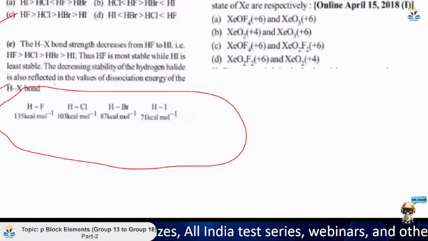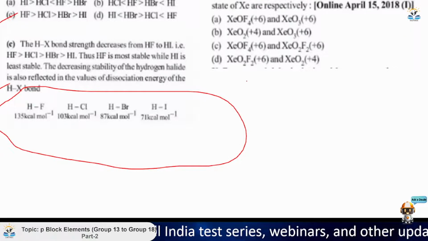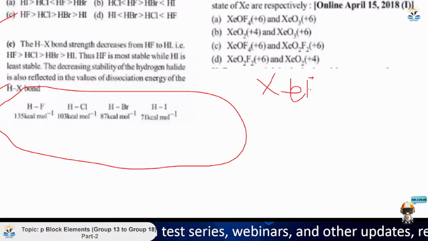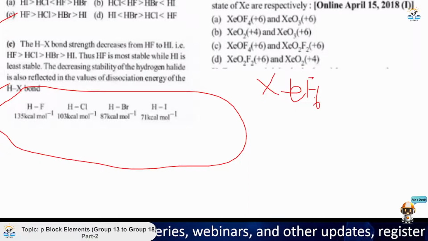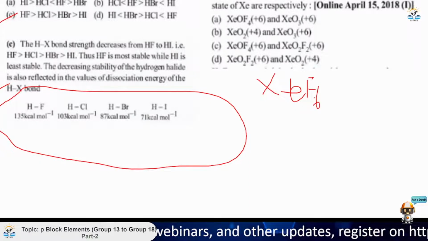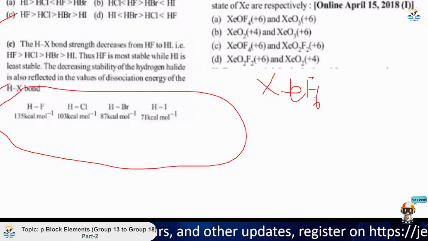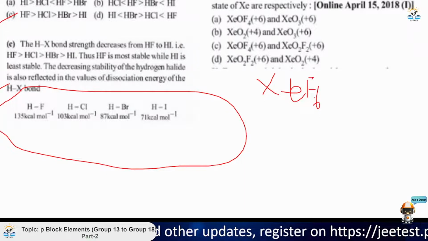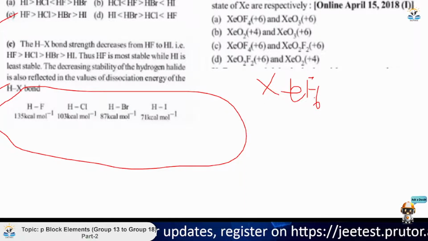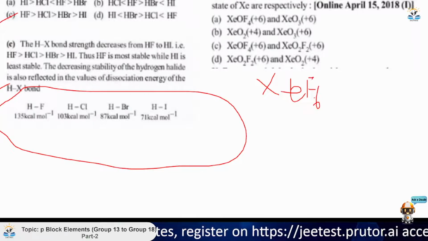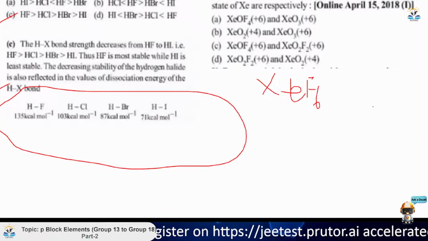And next, xenon hexafluoride, that is basically your XeF6. On partial hydrolysis it gives two compounds, X and Y. Okay, so this is a reaction that was not in the slides. What happens in this reaction is when you hydrolyze it, it gives you two major compounds.